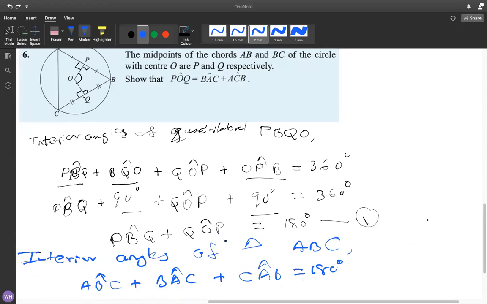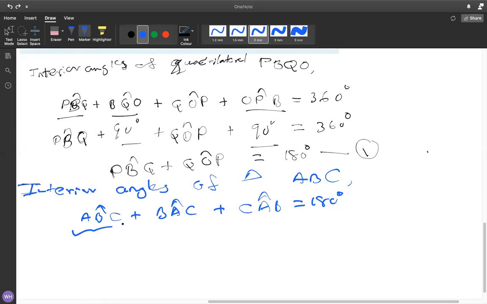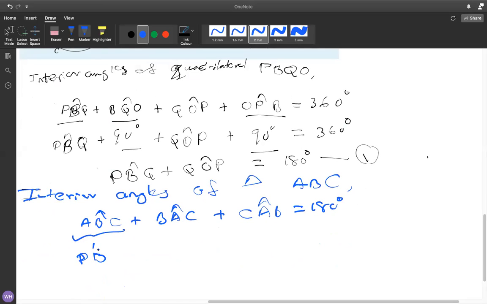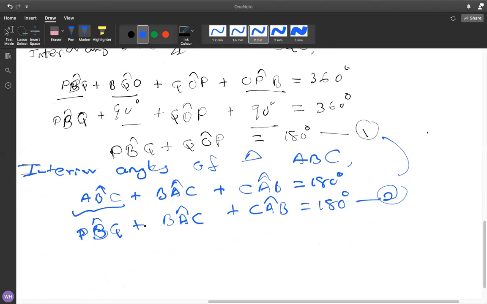Instead of ABC I would like to replace PBQ, because they are the same angle, plus BAC plus ACB will be equal to 180 degrees. Now you can see that both 1 and 2 are equal to 180.